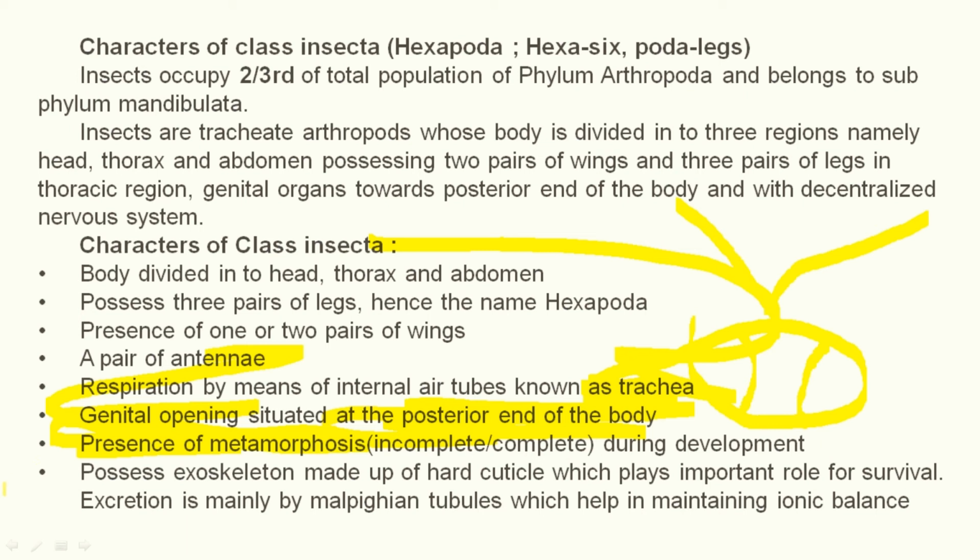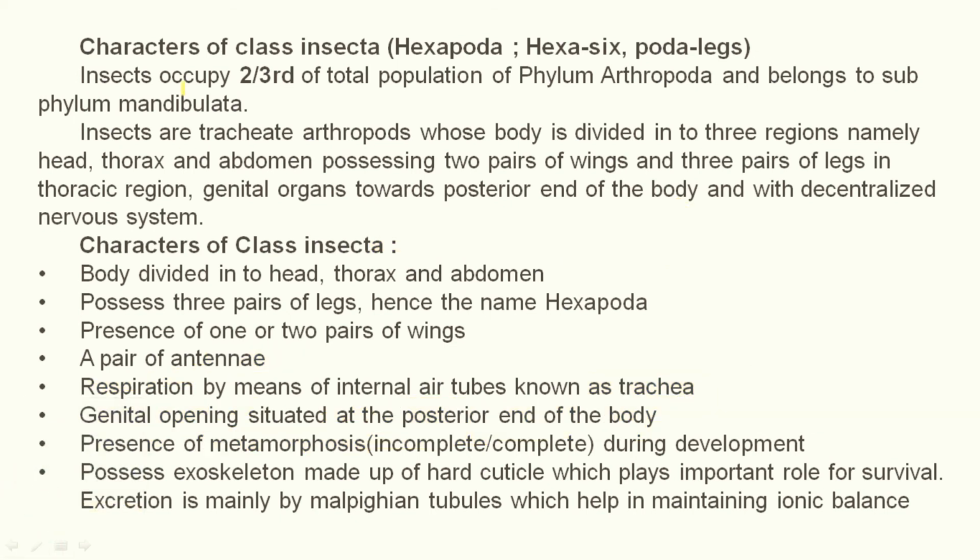Once again you tell. Segmented body with head, thorax, abdomen. The head has one pair of antenna, one pair of compound eyes. The thorax has three pair of legs, two pair of wings.